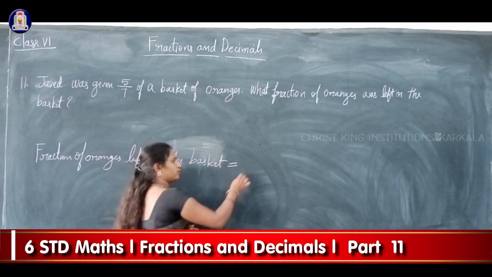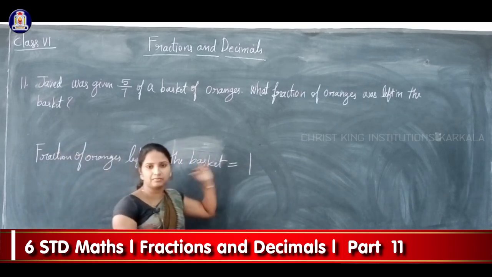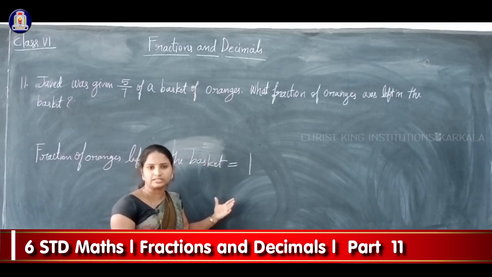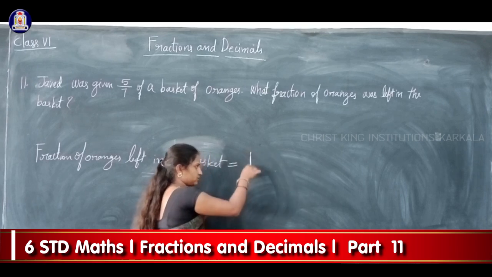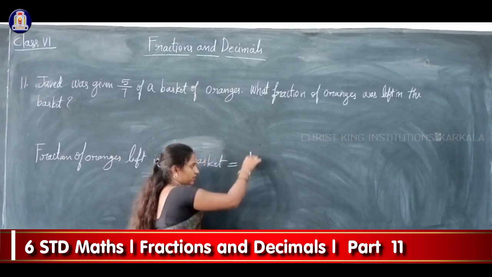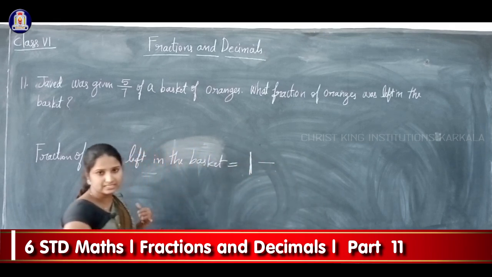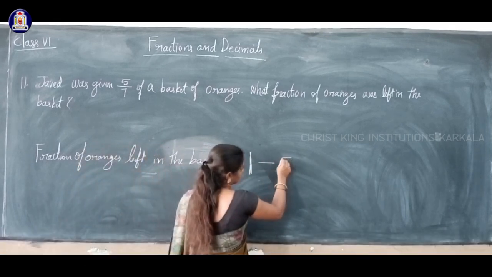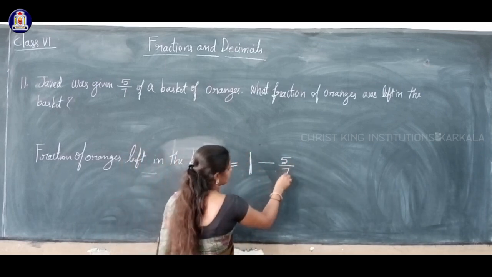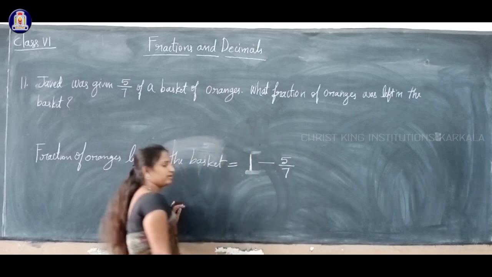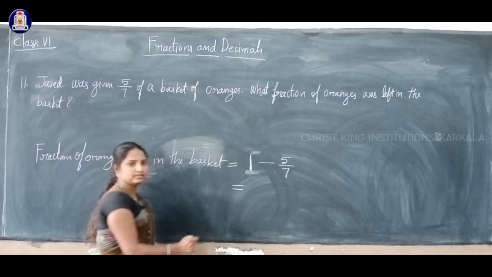The total number of oranges in the basket is not given, so you have to consider one full basket, it contains full oranges. Now I will consider this a full portion, one basket. In that, Javed is given only 5 by 7 part of the oranges. So how much is left? How to find?